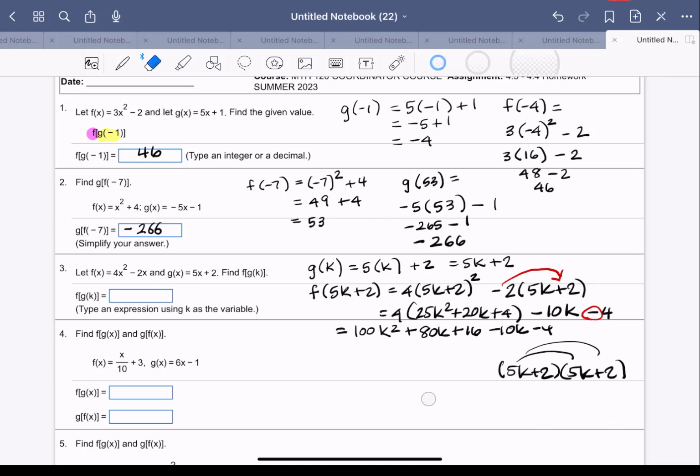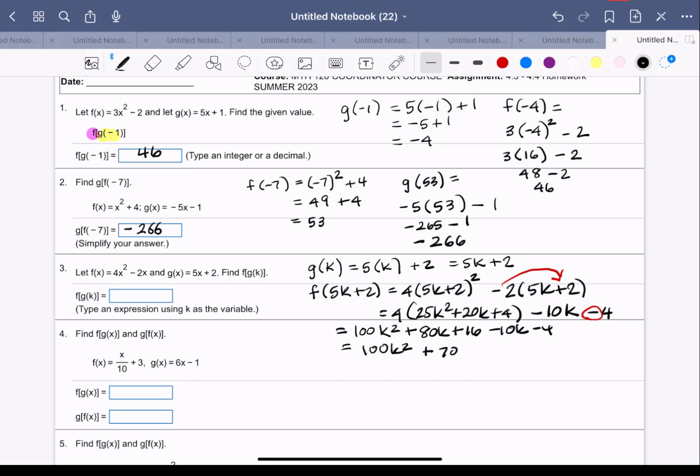And combining like terms, I will get 100k squared plus 70k, and 16 minus 4 is 12. So my final answer is 100k squared plus 70k plus 12.